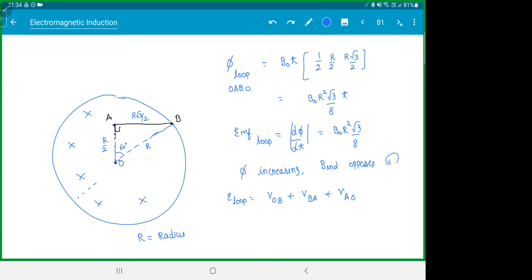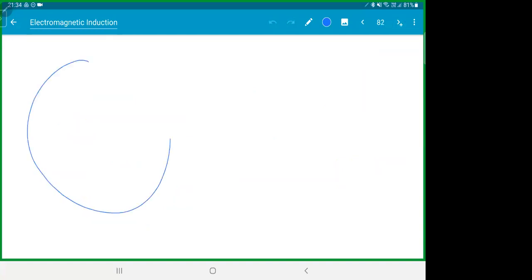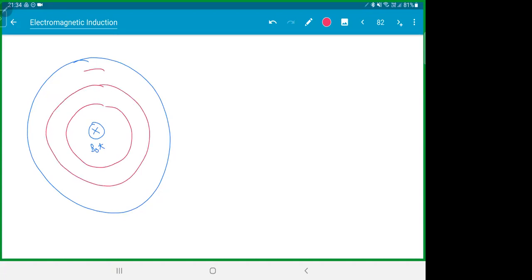No. This is where something interesting happens. See, so when you took this loop, B naught T, how is the electric field? The electric field forms circles, no? This is how the electric field is.